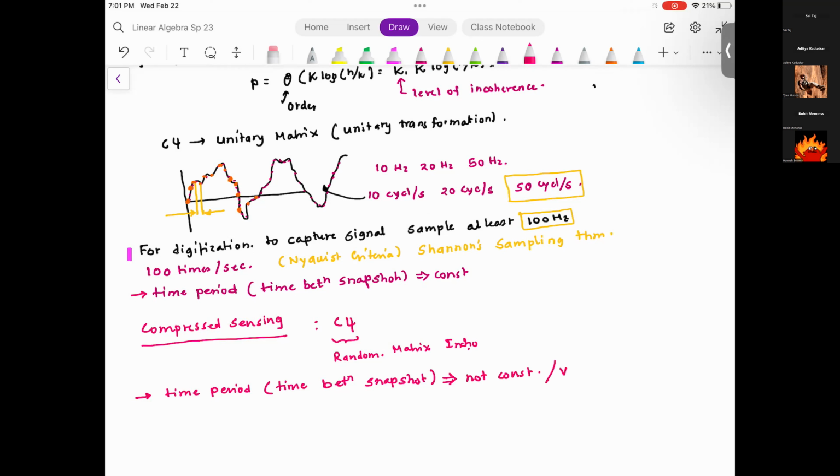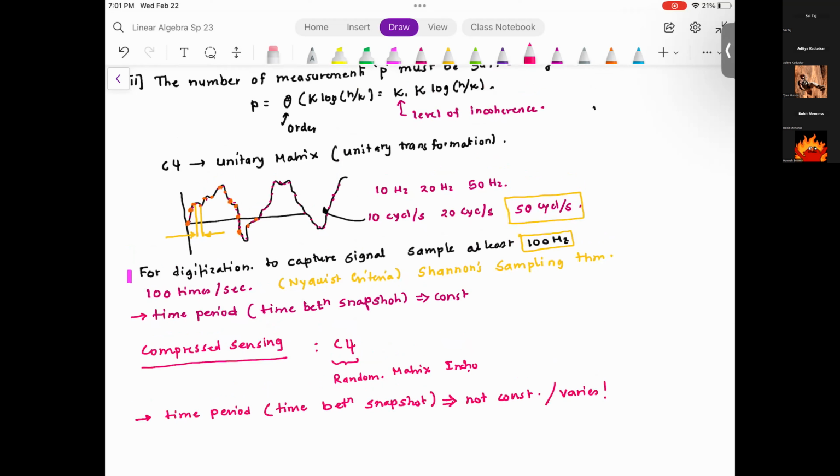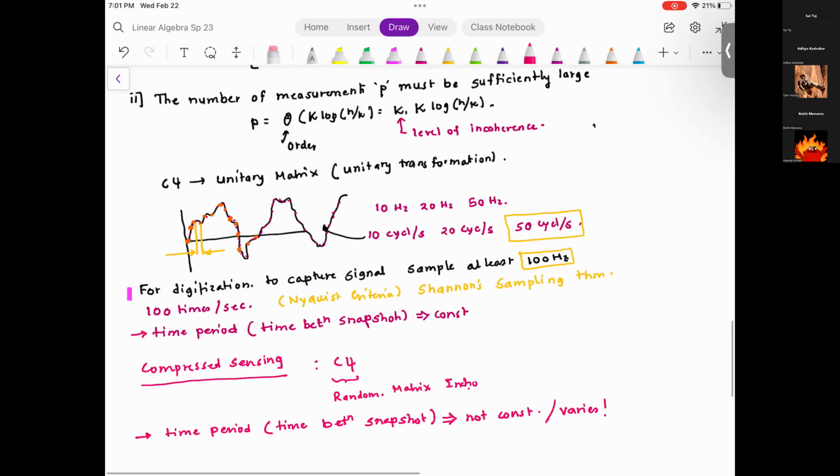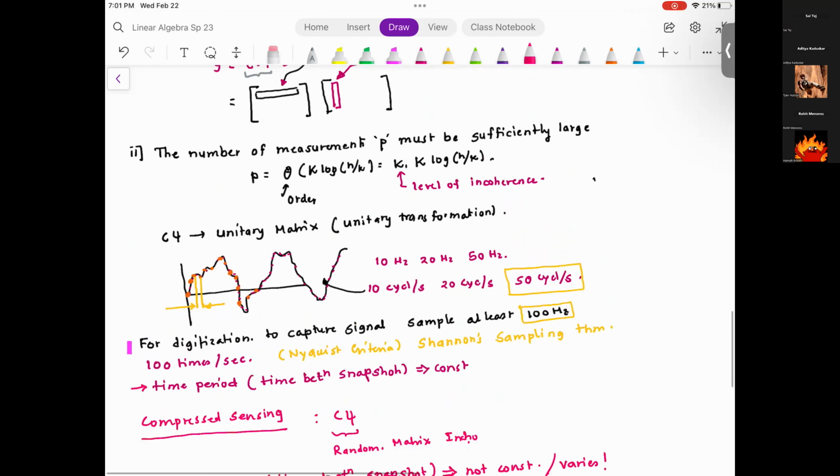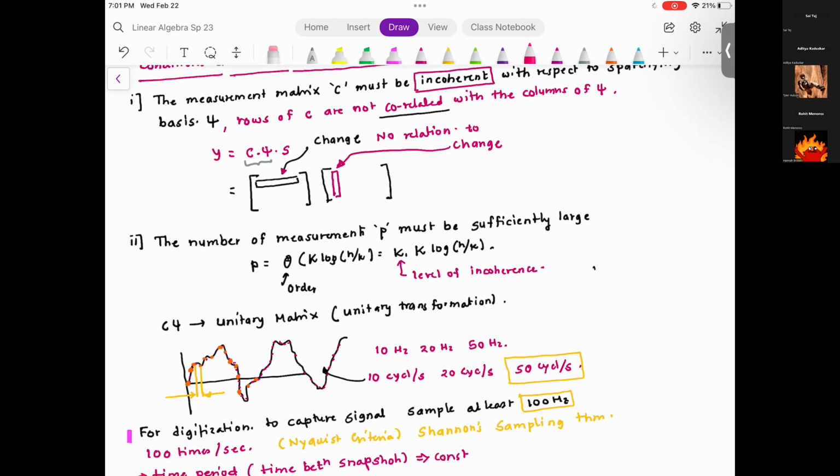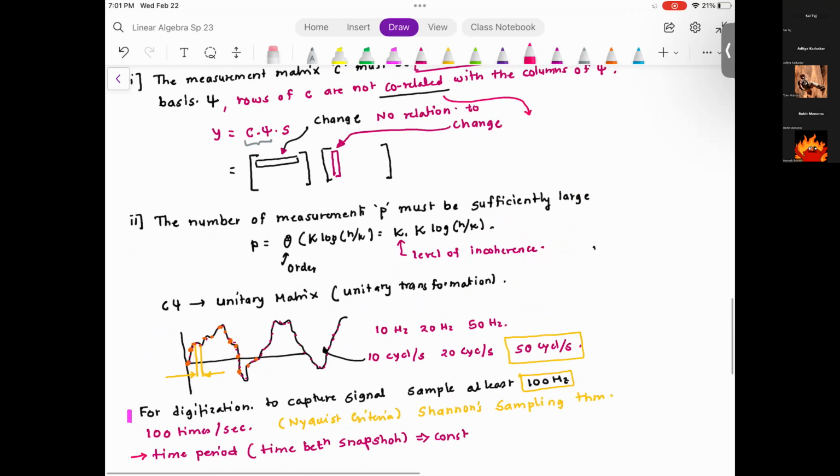So it varies. Now, what this variation means is that it is captured in the non-correlation between the rows and columns. Now, what does that mean?